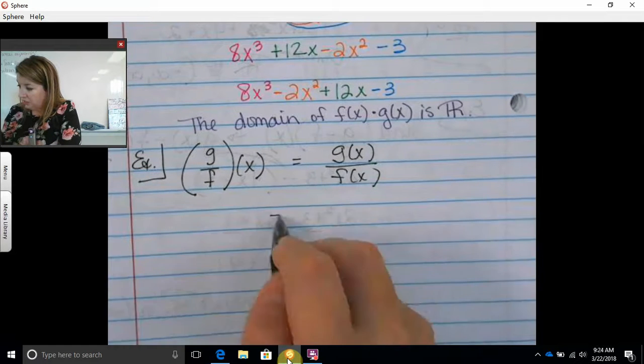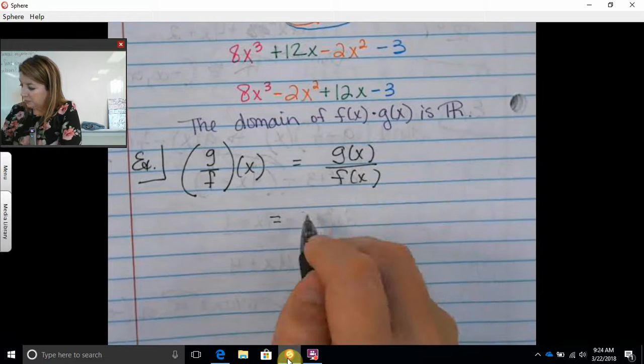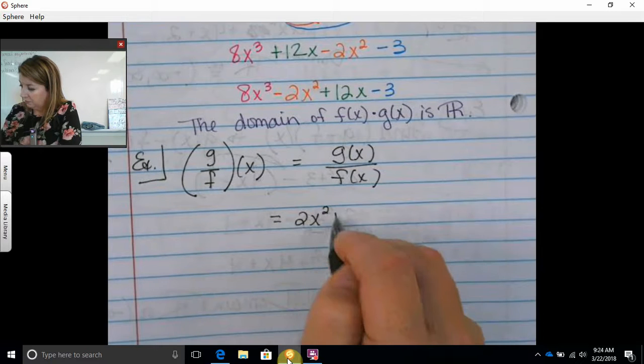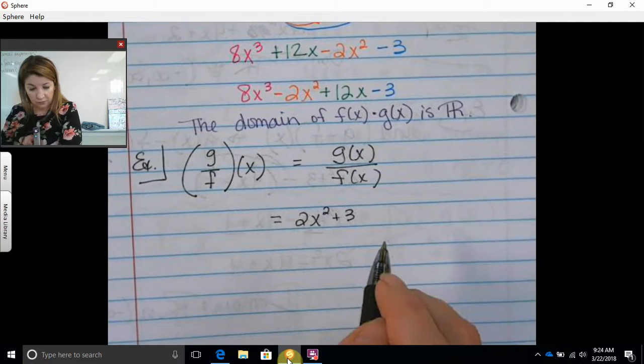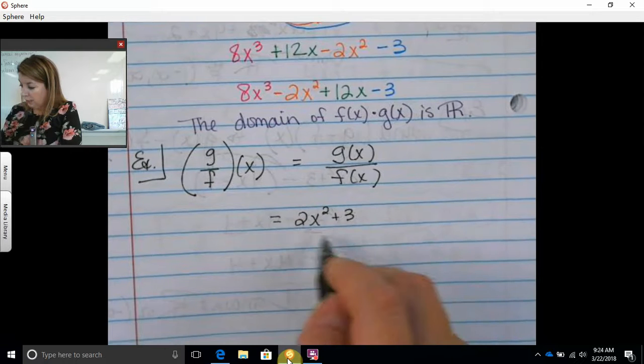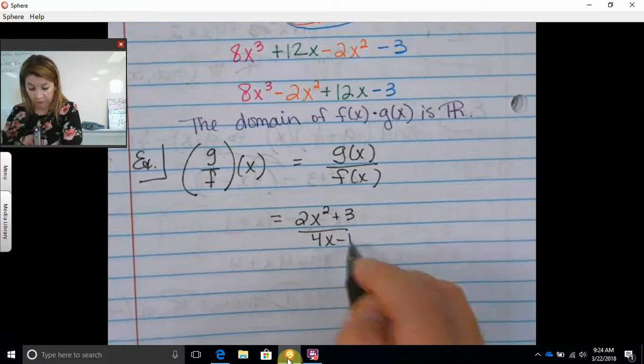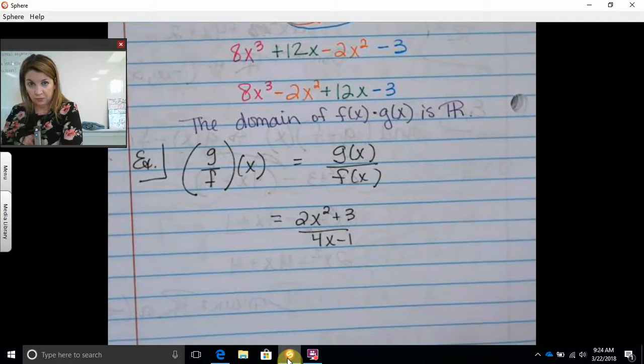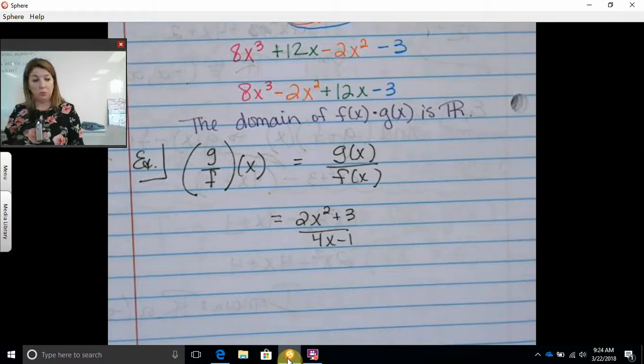So function g is 2x squared plus 3, function f is 4x minus 1. If you can factor either the numerator or the denominator, you have to, okay? You don't just write them and then be done with it. If you can factor them, you have to, because any like factors you have to cancel.